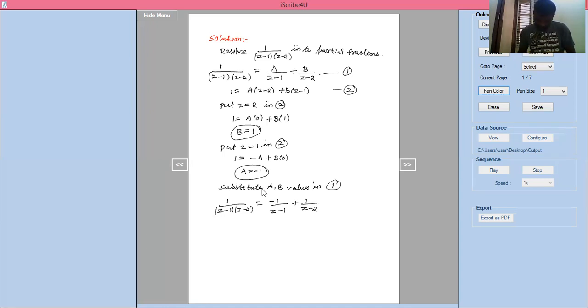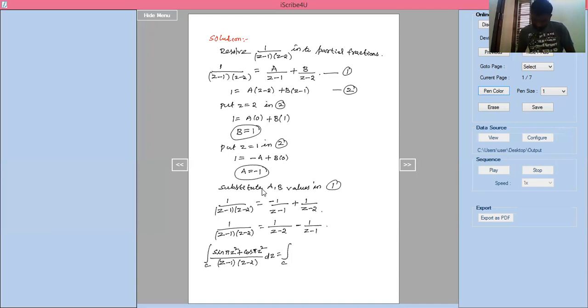Now I'll write this one only: 1 divided by z minus 1 into z minus 2 equals 1 divided by z minus 2 minus 1 divided by z minus 1. Now we'll multiply this by sin pi z square plus cos pi z square and integrate over c.